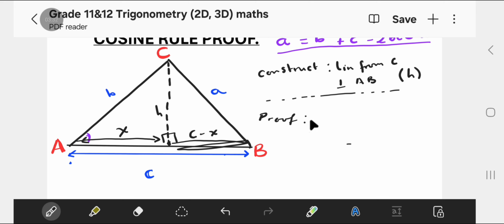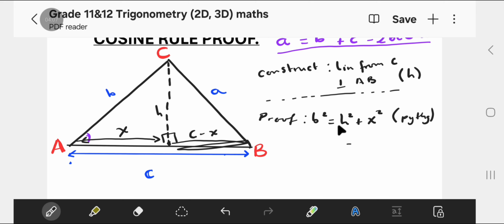So now in this triangle that is having A and C, we can see that our B squared, since this is 90 degrees, is equivalent to H squared plus X squared, taken from the theorem of Pythagoras. So this is from the theorem of Pythagoras, right?